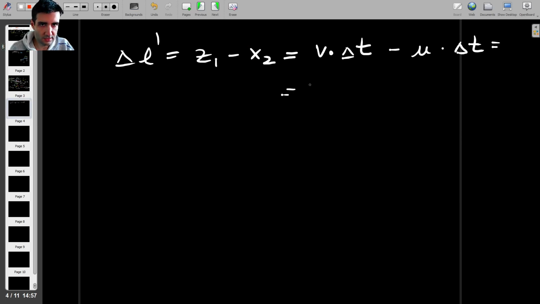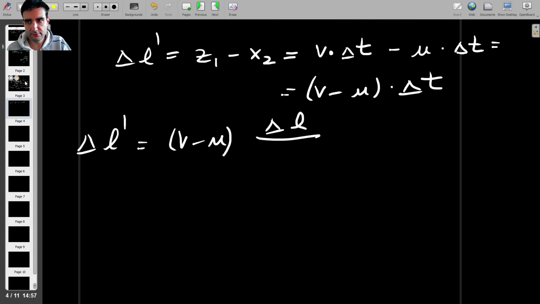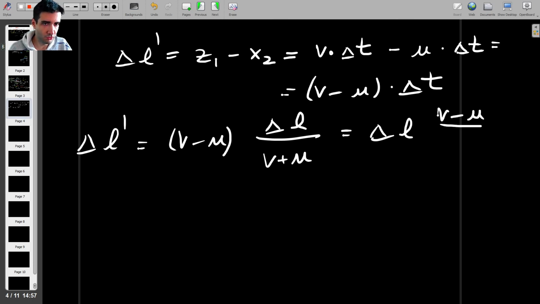So this is (v minus u) times delta t. And we actually know what delta t is: delta t is delta L over (v plus u), the thing we found earlier. So the answer is delta L times (v minus u) over (v plus u).